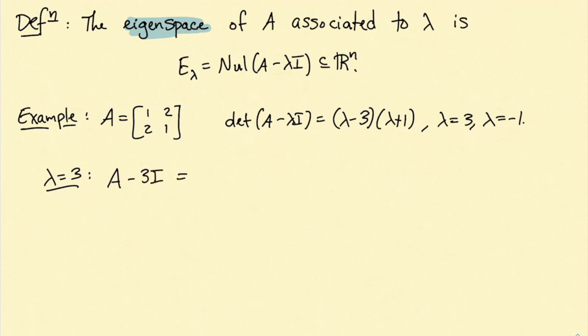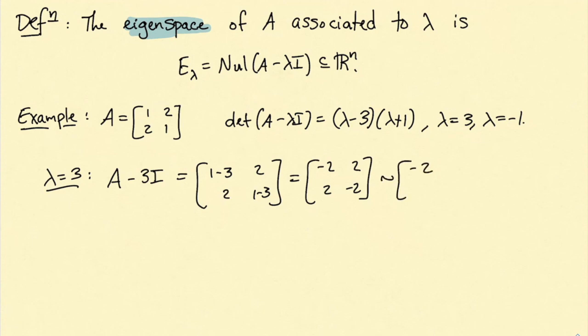A minus 3I is going to give us the matrix negative 2, 2, 2, negative 2. To compute the null space for this matrix, we first compute its reduced row echelon form. We can do this in 2 steps: first, by adding the top row to the bottom row, then scaling the top row by negative 1/2.